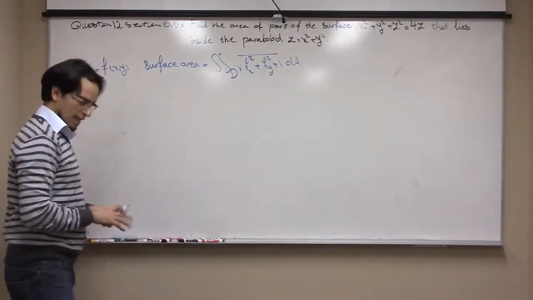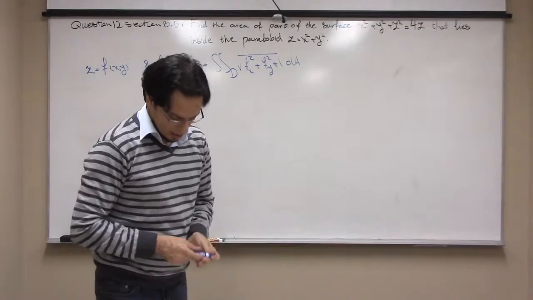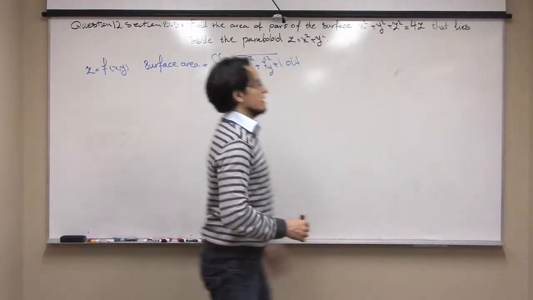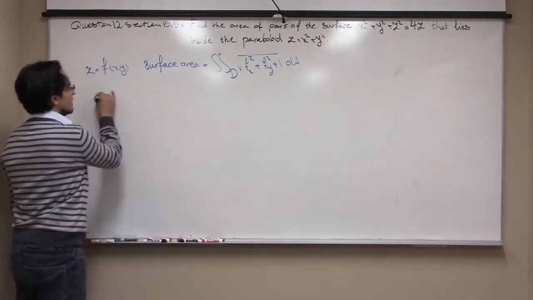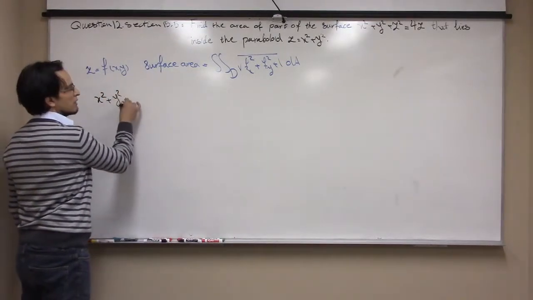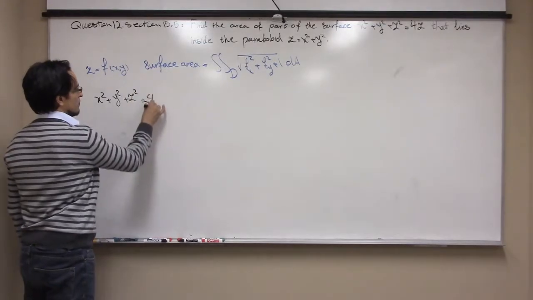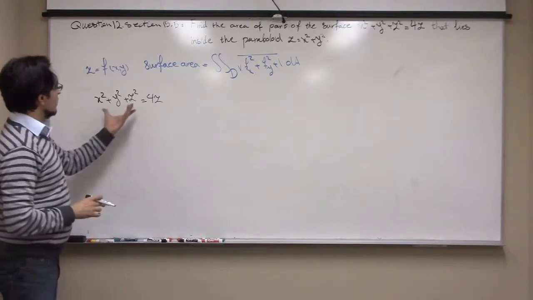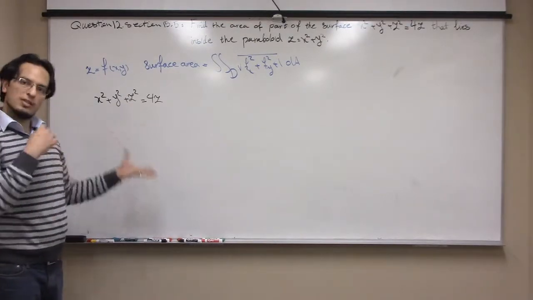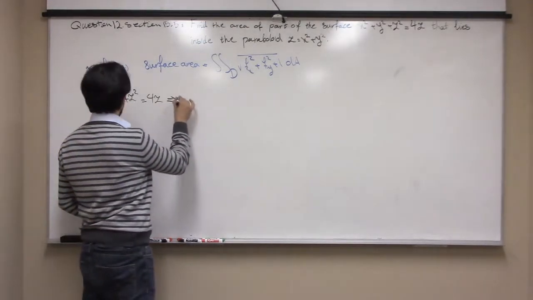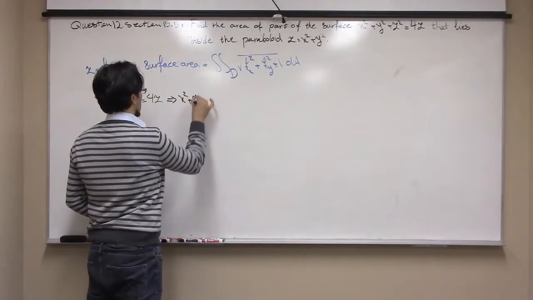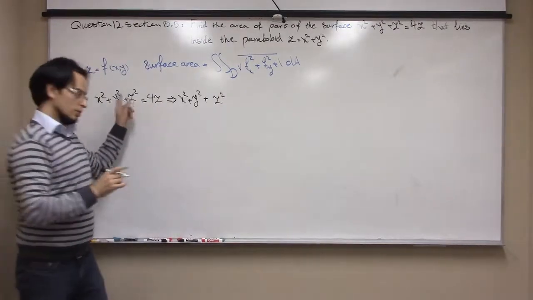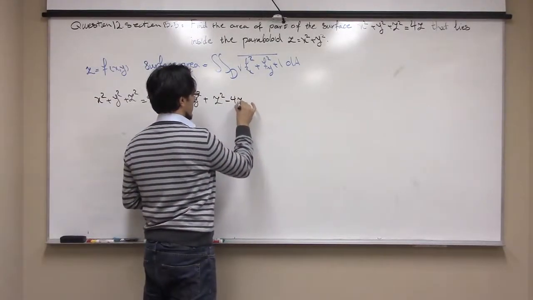So in this case, what is my function? There is an equation given here: x squared plus y squared plus z squared equals 4z. First you may ask, what kind of sphere is this? To see that I have to do some algebra. I bring 4z to the left-hand side, so minus 4z.